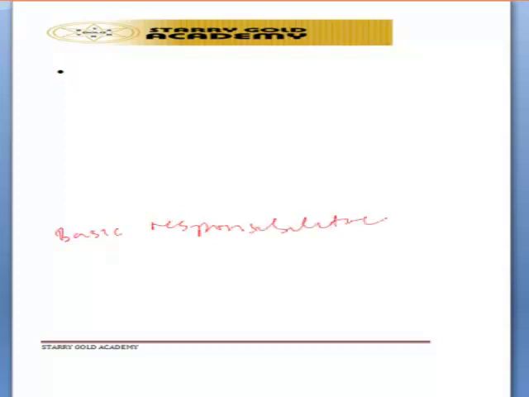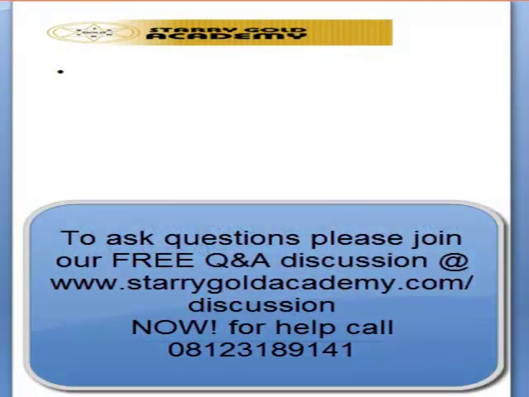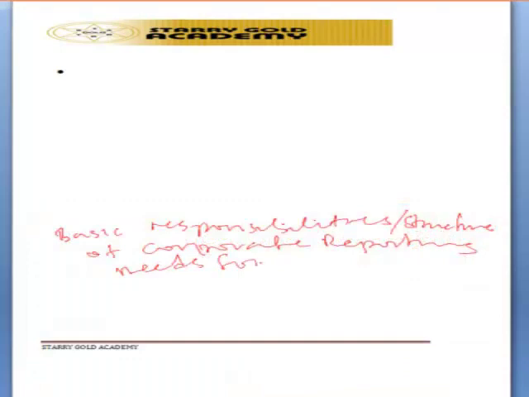Basic responsibilities. Now, basic responsibility, or I can say structure of corporate reporting needs. Corporate reporting needs for students. What you have learned from previous studies involve your calculations, your ability to prepare computation.